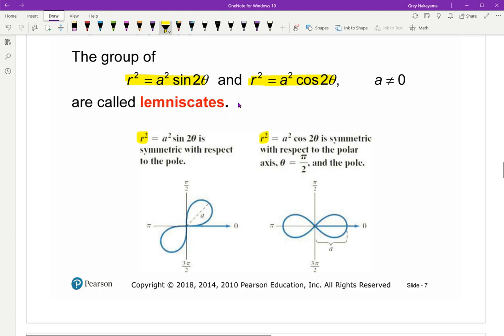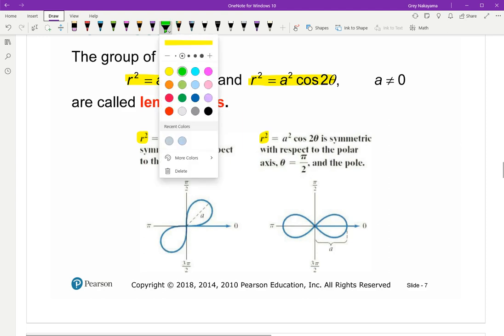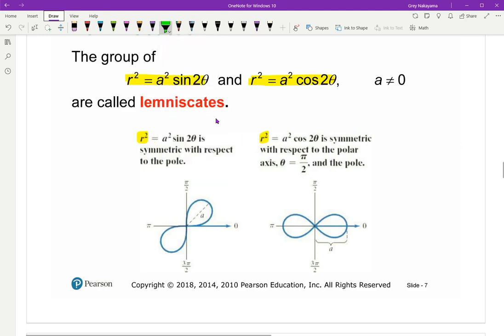And remember, I just talked to you about where it starts. The sine function always starts off halfway between. It will be symmetric to the pole. And if it is the cosine, just like what we talked about before, it will start on the positive x-axis. That will be its first leaf.